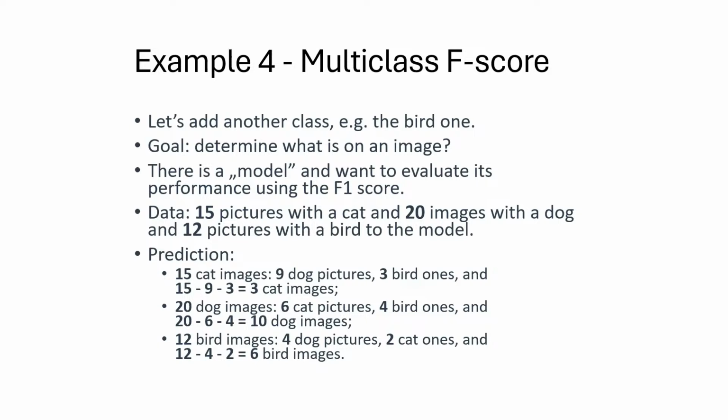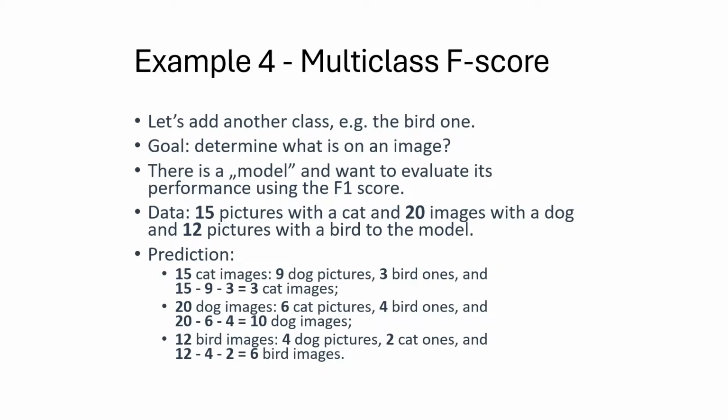So we have cats, dogs, and birds, 3 different animals. The goal is to determine what is on the image, whether it's a cat, dog, or bird. We want to evaluate the performance of the AI model using F1 scoring.